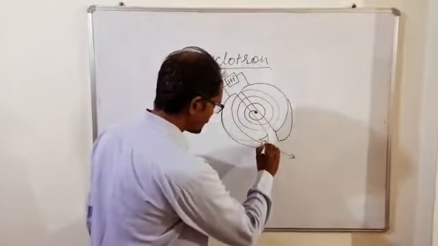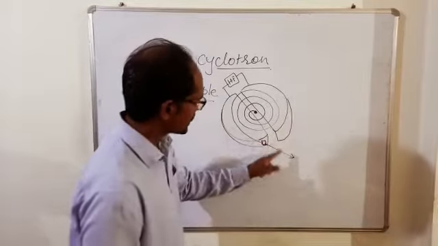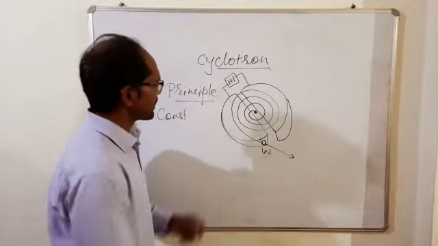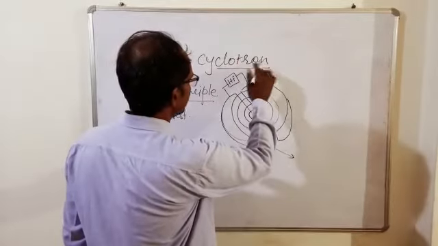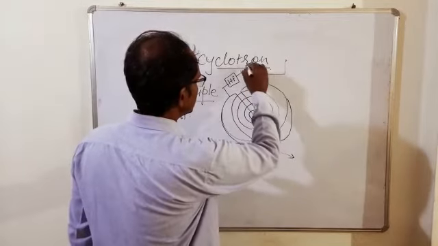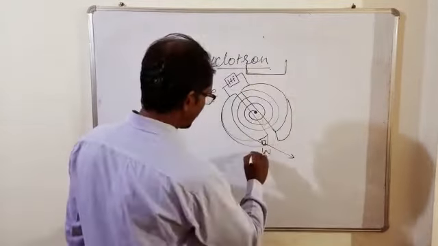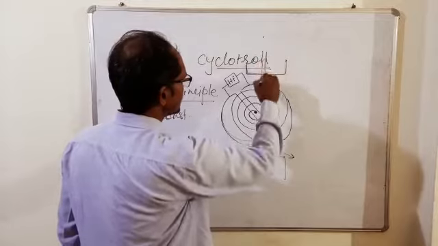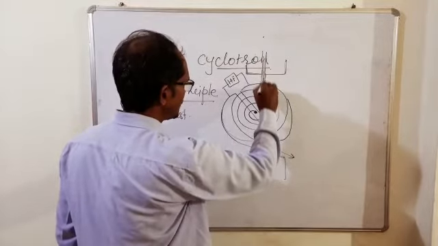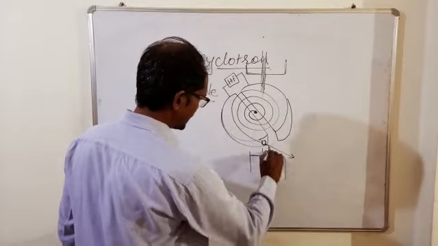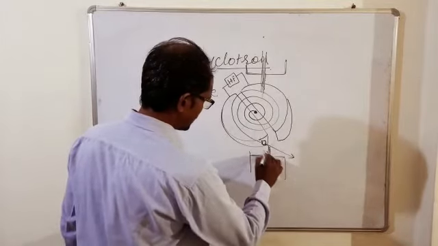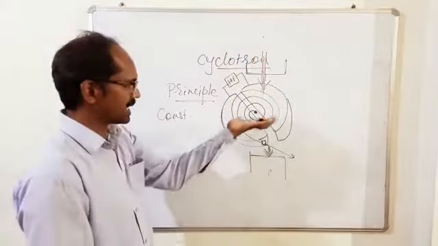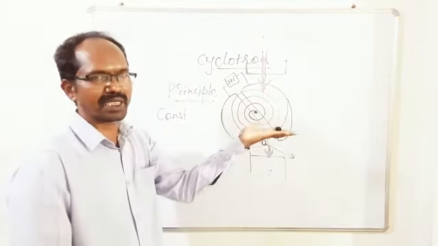One window W through which we can take out this positive charge particle, and one electromagnet that will provide the high magnetic field perpendicular to the plane. This is the direction of this magnetic field, perpendicular to the plane of the Ds.